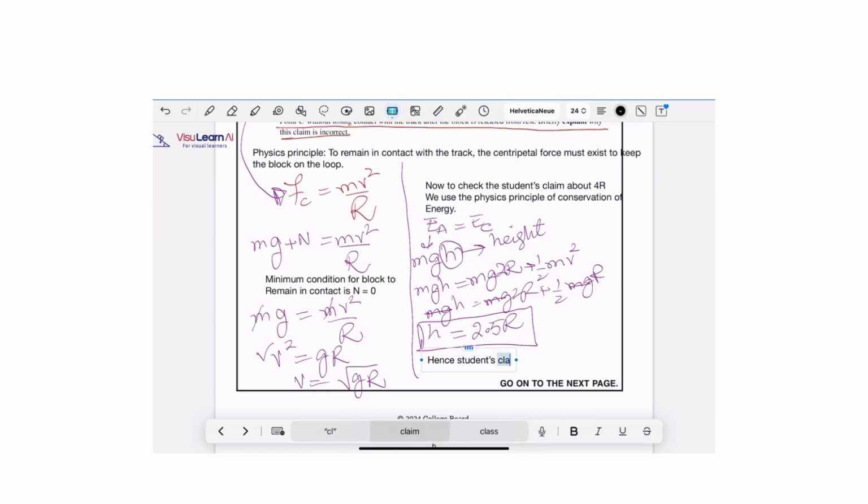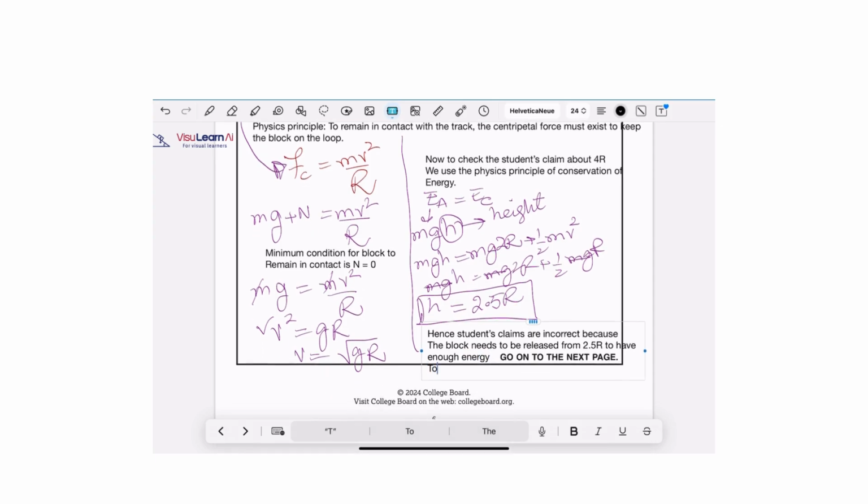Hence the student's claim is incorrect because the block needs to be released at h equal to 2.5r to have enough energy to maintain contact with the track. All right, now all the parts of this question are solved.